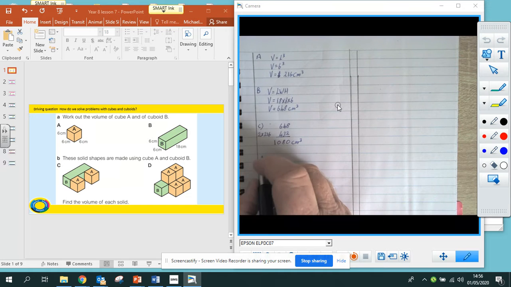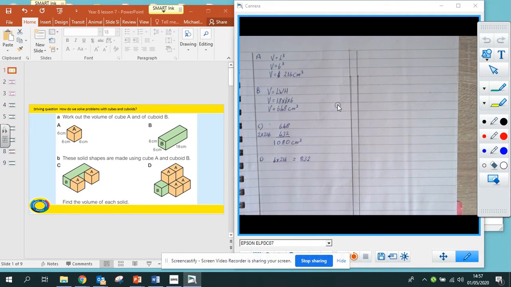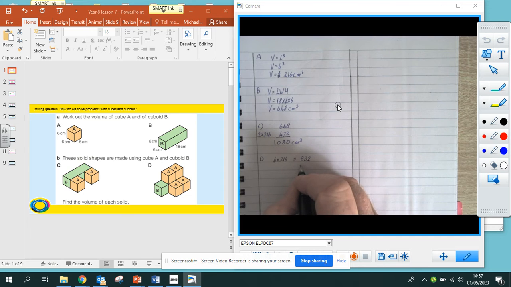And my last one, very, very similar. I have 4 lots of shape A, so that's 4 times 216, which is 864, and 1 of shape B. I know you can't see it, but it is just 1 of shape B. So that again would be 648.